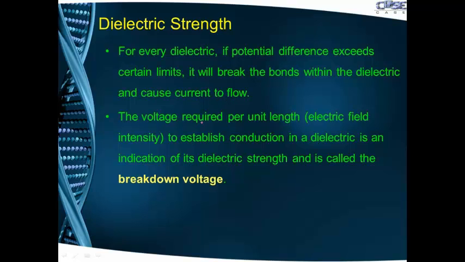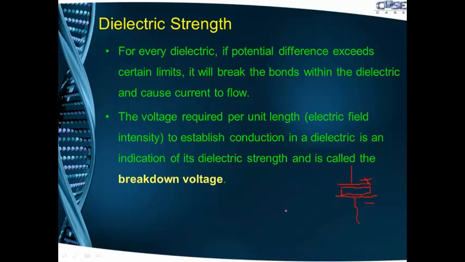So we have inserted an insulator between the plates, and we would like that no current flows from one plate to the other, but if the insulator breaks down, then there would be a current that would flow between the plates, and the insulator would break down at a certain potential, and that property of the material is determined by its dielectric strength.